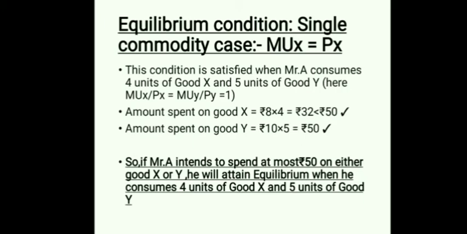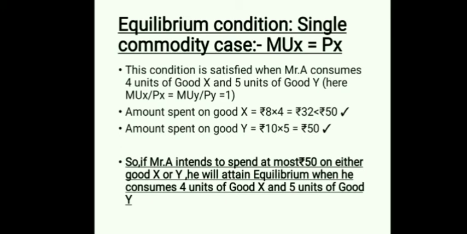So let us see how much money he has to spend. In this case, the consumer will be spending rupees 8 into 4, which is 32, less than 50. So the consumer can proceed. In the case of good Y, MUy will be equal to Py when the consumer buys 5 units of good Y. The consumer spends 5 into 10 rupees, which is rupees 50.